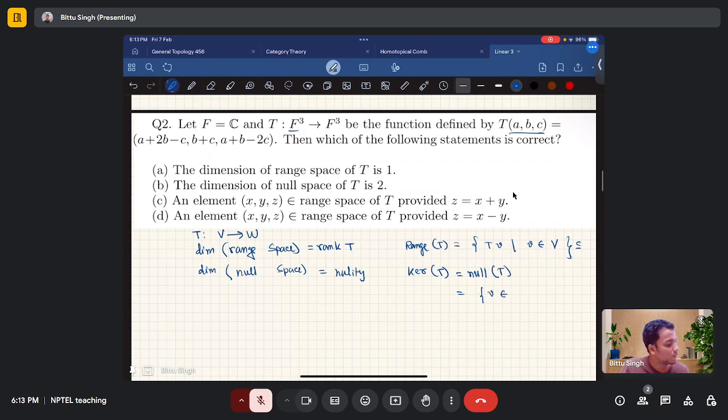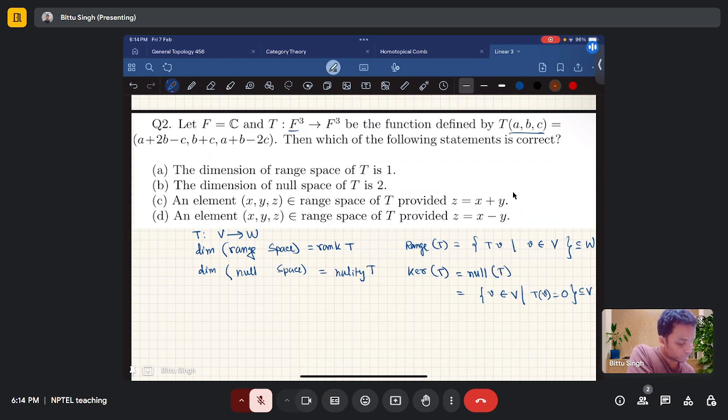So it is an element from V such that T of V equal to 0: all those elements of the vector space V which map to 0 under the transformation T. And kernel T, or null space T, is a subspace of V. Those are some basic things about range, kernel, and the definition of rank and nullity of T.